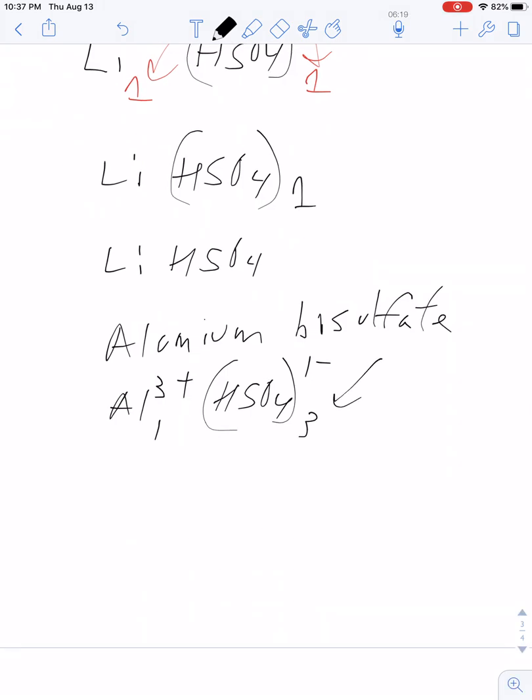If there is a number greater than 1 on the outside of the parenthesis, you must keep the parenthesis. You cannot get rid of them.